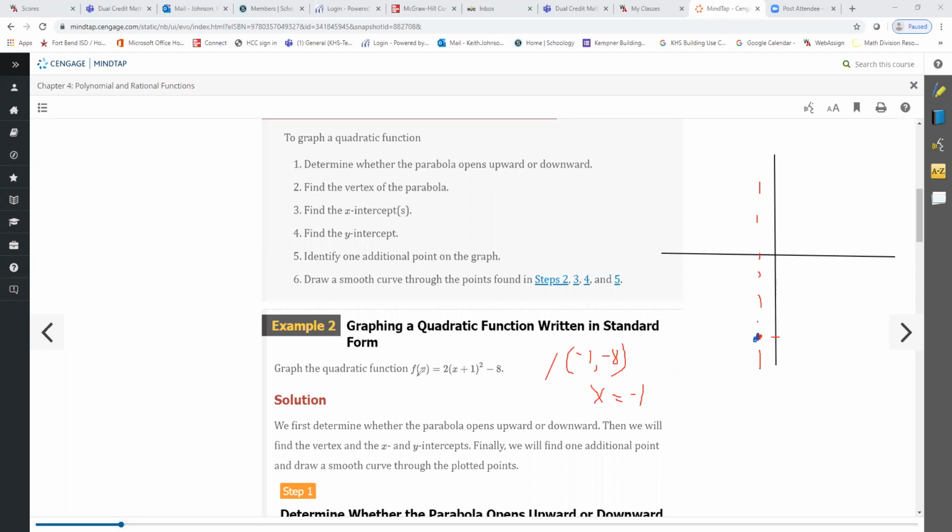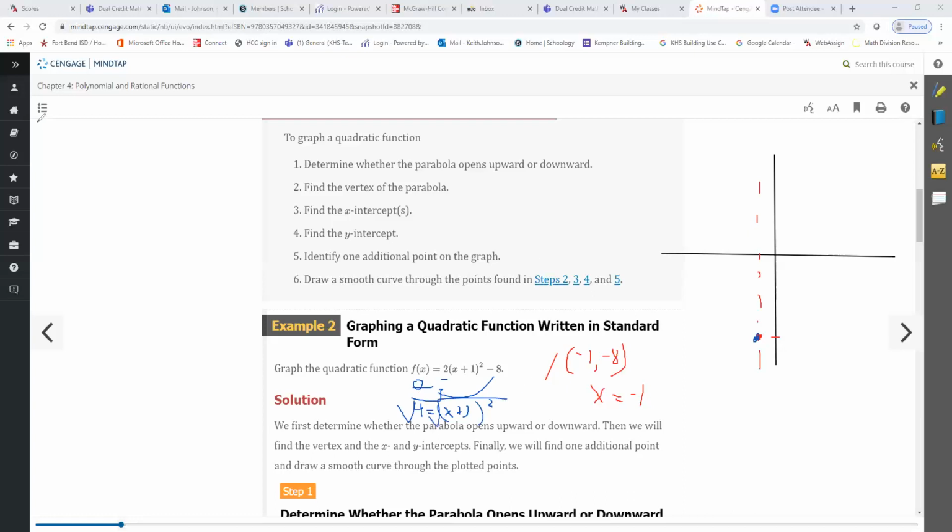Well, x-intercepts, if I set this equal to 0, which means I'm going to move the 8 over and then divide by 2. So if I move the 8 over, 8 divided by 2 is going to be 4 is equal to x plus 1 squared. How do I get rid of a square? We square root both sides.